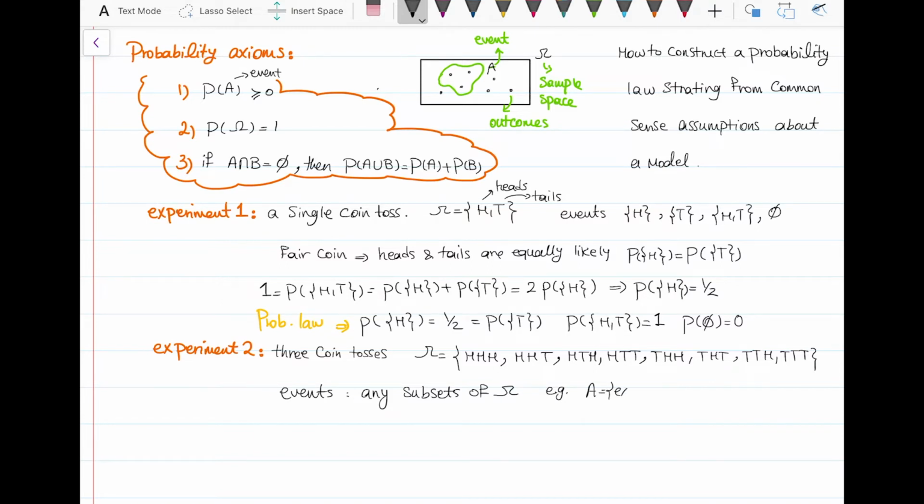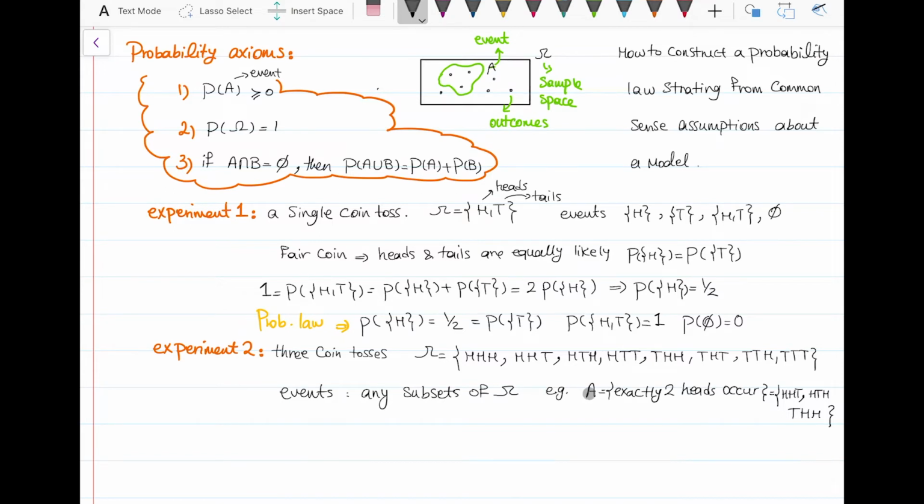A would be if we get exactly 2 heads. 2 heads means what? We get head, head, tail. We get head, tail, head. And we get tail, head, head. Okay, so this is A.